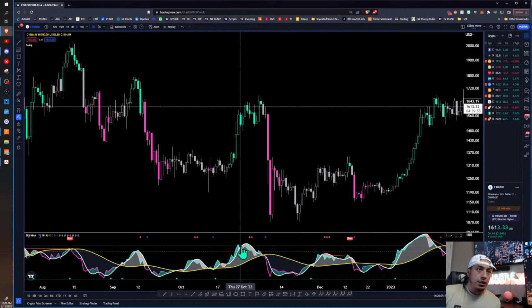Hidden divergences are good and all, but you could use the reversal signals to get in on a lower time frame trade, and then all you have to do is start riding momentum, using whatever entry model you want on that lower time frame to stay in that trade, stay in that trend until you get another divergence that tells you price is probably going to reverse.